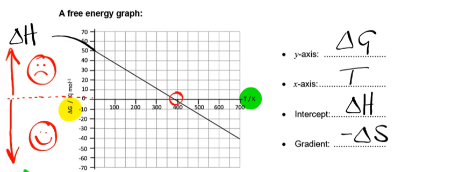This is also worth looking at. This is the temperature at which the reaction becomes feasible. So any temperature above what's looking to be somewhere around about 380 Kelvin, delta G is negative, and so at these points the reaction is feasible.